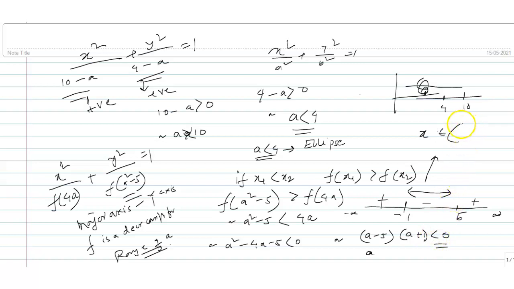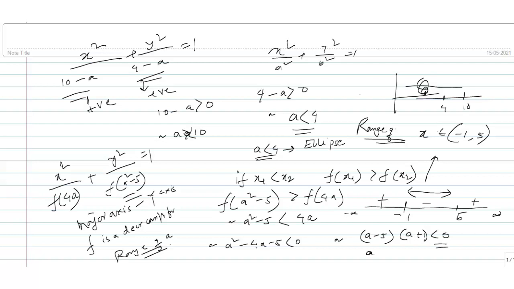As it is less than, it will be an open bracket. It will lie in (-1, 5). This is the range of x. Clear? I think these are the small parts. Okay, you need to be clear, because you will have many more questions also, I know.